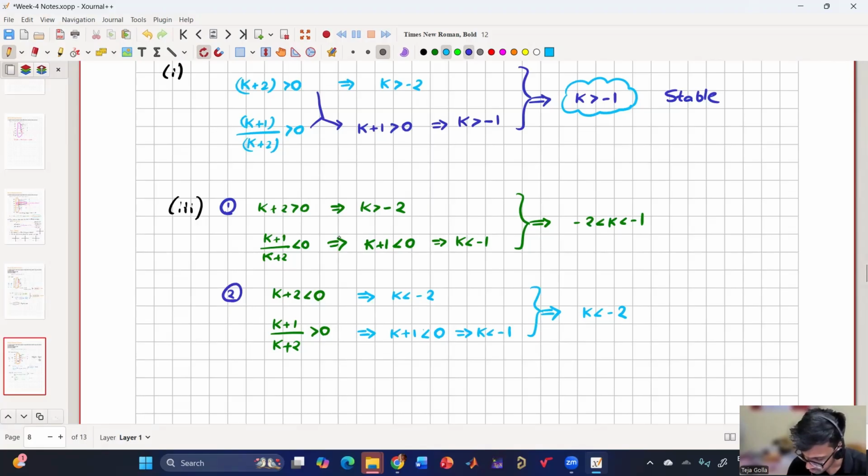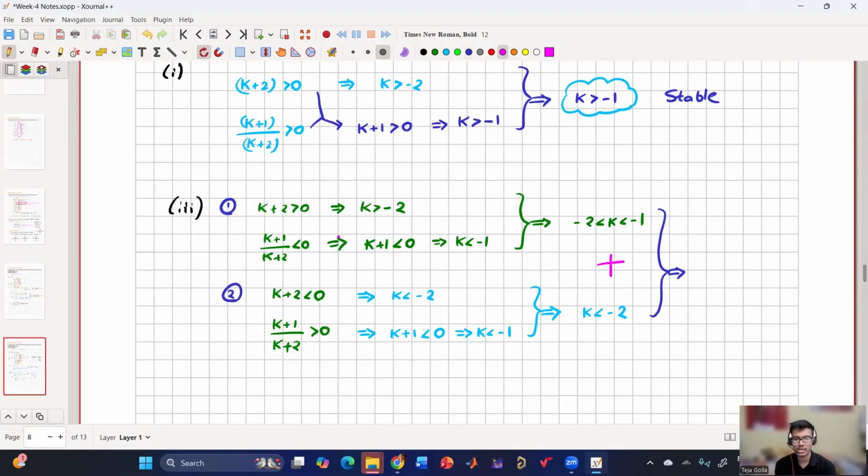So now combining both case 1 and 2, what can I say? In the above case also it is unstable. In the below case also it is unstable. But here it has to be between minus 2 and minus 1, and here less than minus 2.